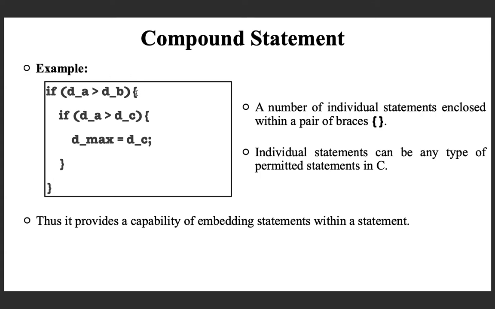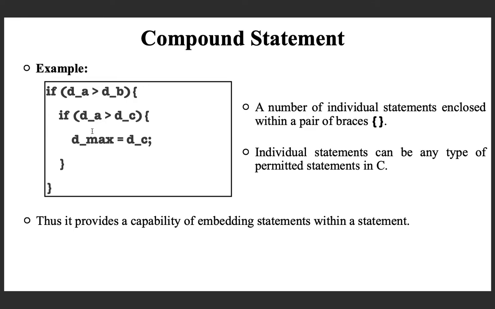It says if the value of the decimal variable A is greater than the value of the decimal variable B, then what do you do? Then you execute a compound statement. That is what you say. And now you can see that within that compound statement, another compound statement is embedded.